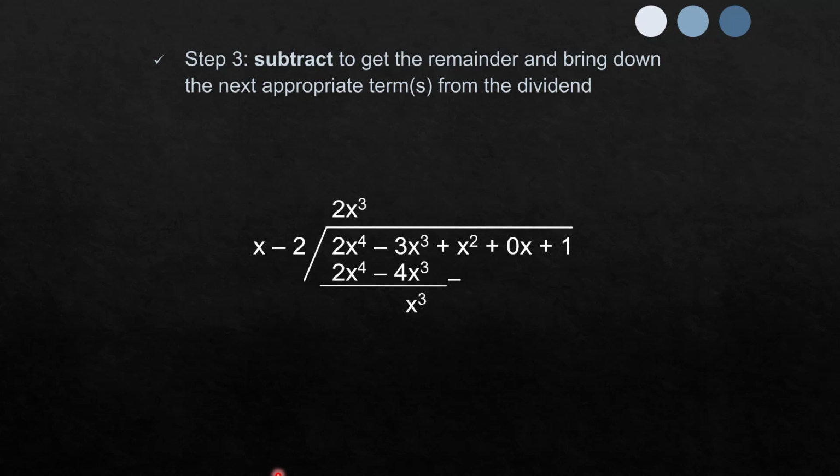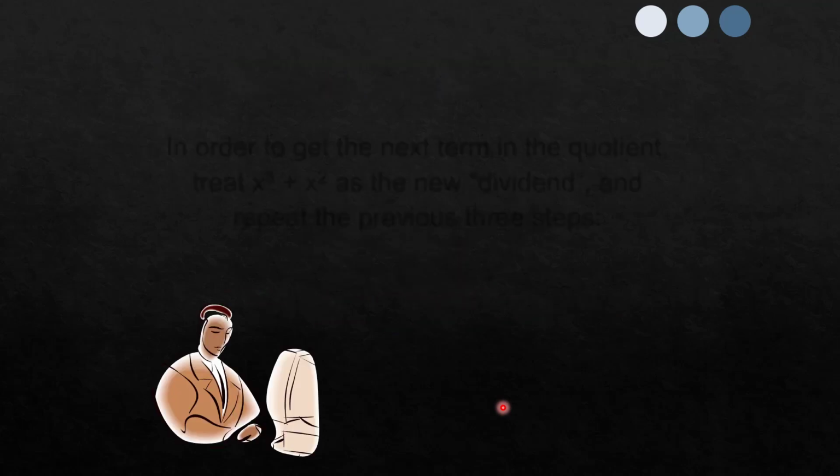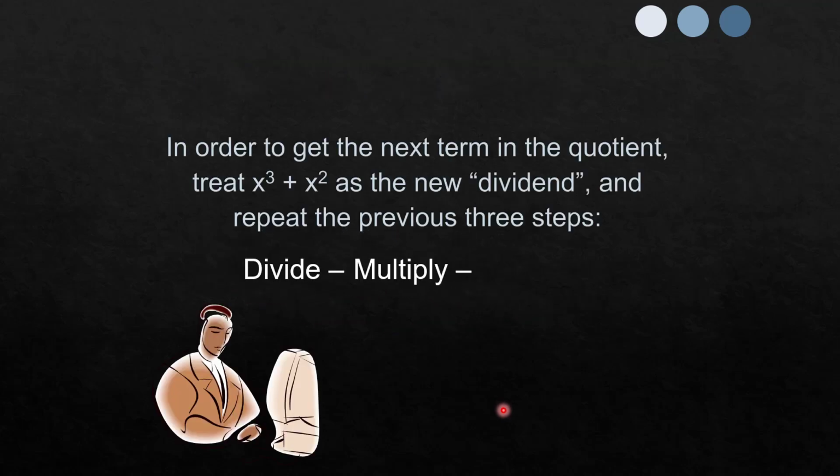Here, be careful, this is minus. So minus 3 minus minus 4 is plus 1. So we have 1x cubed. And then you drop down the next term, x squared, and write it here. The next polynomial to divide is x cubed plus x squared. In order to get the next term, you will do the same steps: divide, multiply, and subtract.